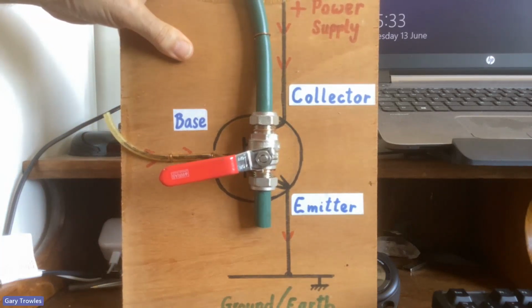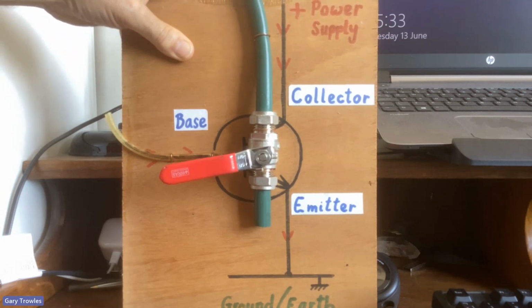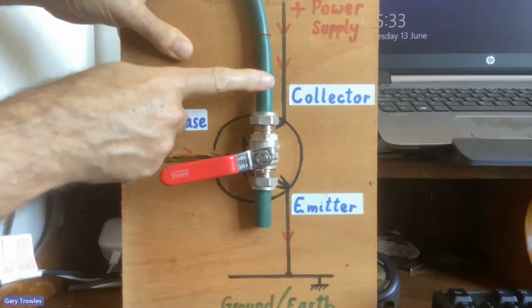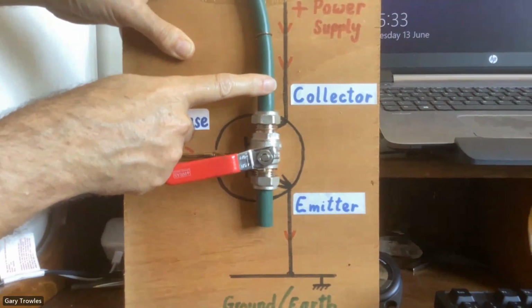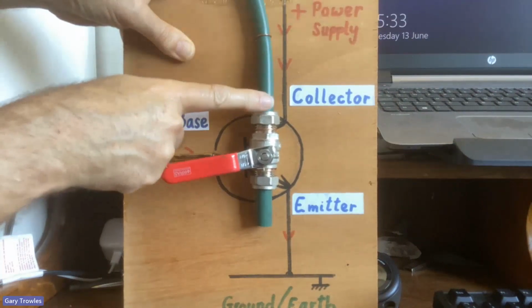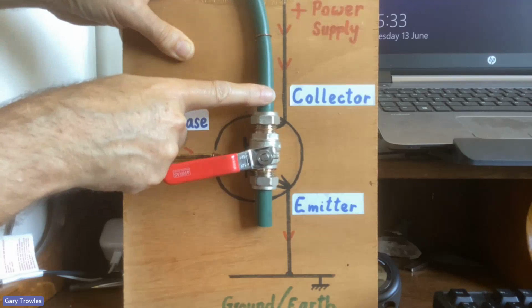Here we are looking at a stopcock valve, which is perhaps a better representation of the transistor. We have the collector, which is connected to the mains water supply, collecting the water or the electrical current.